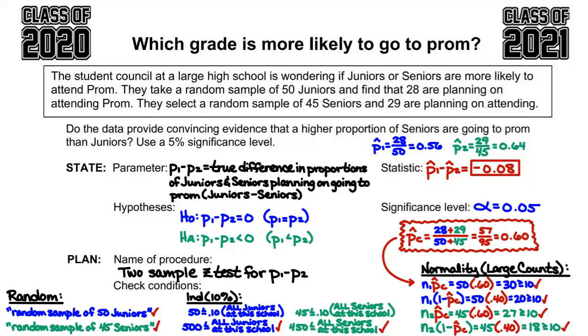That's our standardized test statistic, or z-score. Statistic minus mean divided by standard deviation. So statistic minus parameter. What is the mean? 0. Our null hypothesis was that the proportions were the same, so the mean of their difference would be 0.